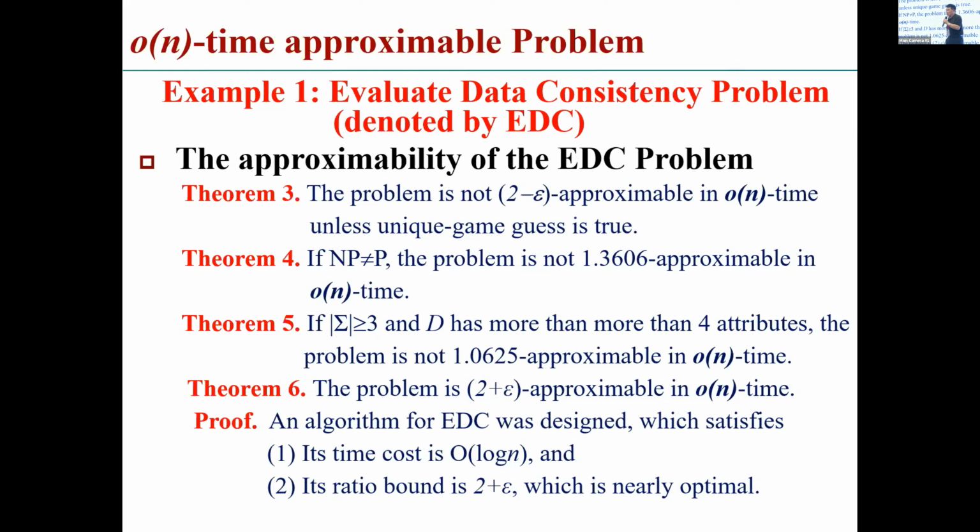So we designed the algorithm for EDC, so that the theorem can be proved. The algorithm satisfies that the time cost is log n, and the ratio bound is 2 plus epsilon, which is nearly optimal. Okay.